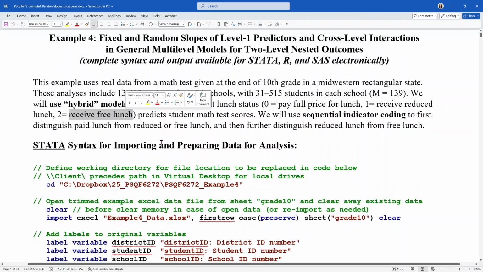So more concretely, I have students who are nested in schools, and schools are nested in districts. If I just fit a 2-level model of students nested in schools, then what I am saying is that districts from the same school are uncorrelated. That's what a lack of a 3rd level would say.